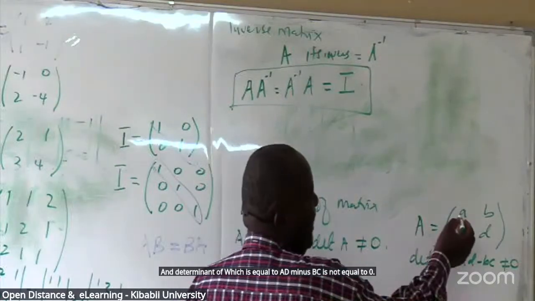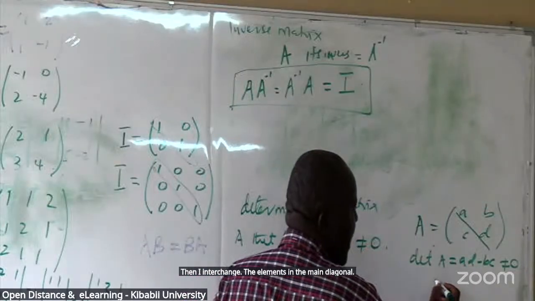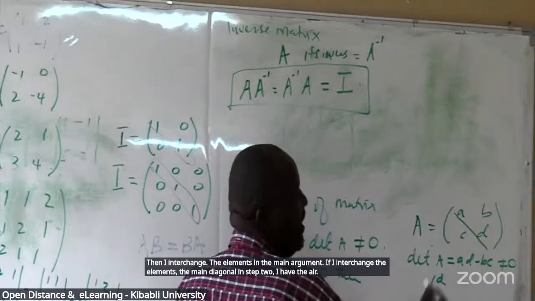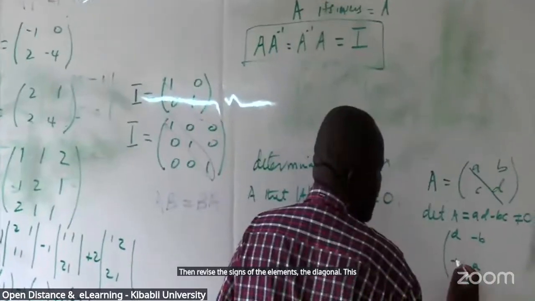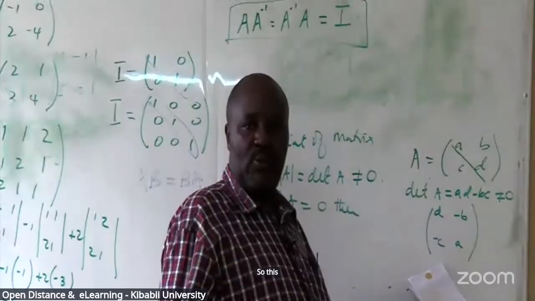Then I interchange the elements in the main diagonal. If I interchange the elements in the main diagonal, in step 2, I have D, A. Then reverse the signs of the elements in the other diagonal. This will become minus B. This becomes minus C. So this is the inversion.